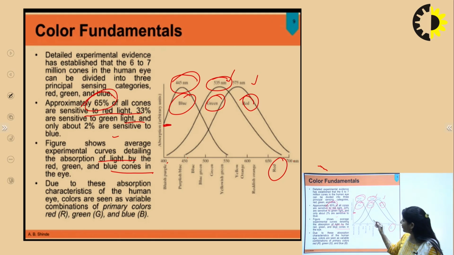The effectiveness of blue color is very low, but it can be used for security purposes. If I want to hide any text or image, I can choose the blue channel, because blue color is less sensitive, so a hacker cannot visualize the hidden text message or hidden image. This is used for research and security purposes.